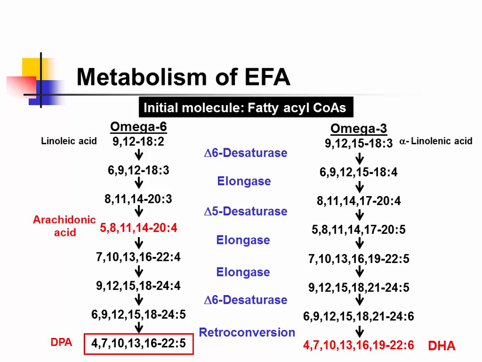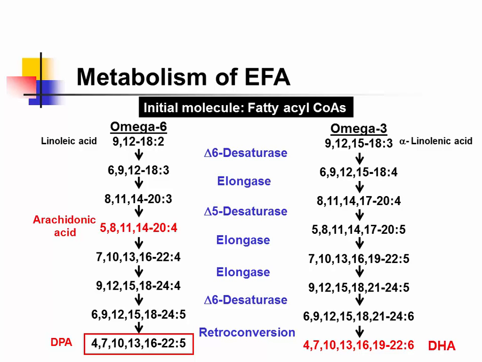The pathway involves two enzymes, delta-5 and delta-6 desaturase. We have delta-5 and delta-6 desaturase in our body, so our body is able to synthesize these other omega-3 and omega-6 fatty acids from essential fatty acids.